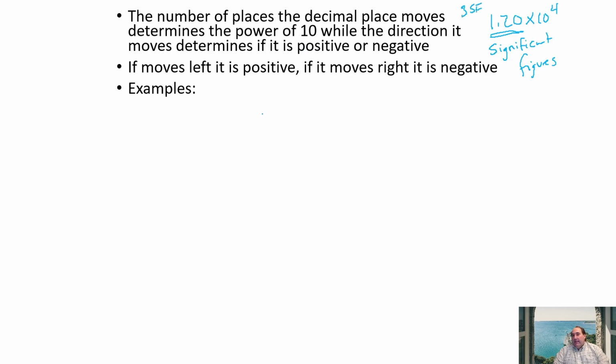So what does it mean when I say sometimes the only way that you could give the answer to the correct number of significant figures is to write in scientific notation? Because whenever you have a number in scientific notation, this part here is always going to be significant figures. You can control how many you need. So in my example there on the right, if I didn't need 3 significant figures, but I just needed 2, I could simply drop the last 0.